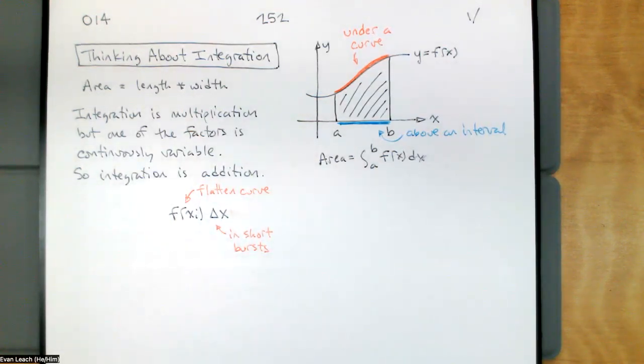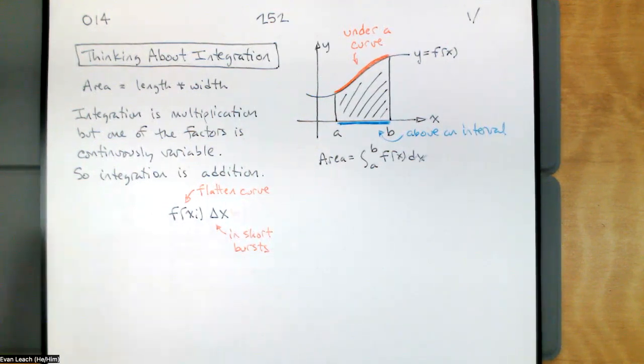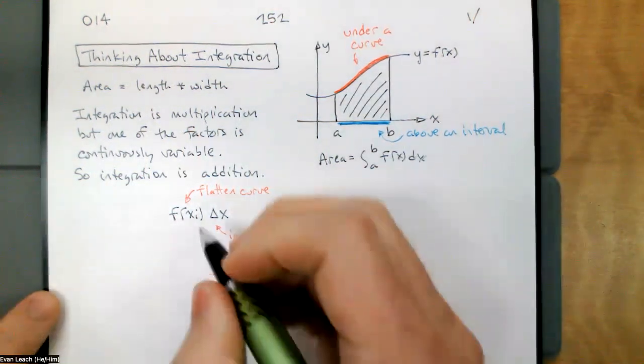So we're going to flatten the curve in short bursts. Notice one of the things that we've introduced here when we flatten the curve is an indexing. This is where we drop out of the continuous into the discrete. Here we have an index. We've chosen a bunch of values. Indexing means we're no longer continuous.